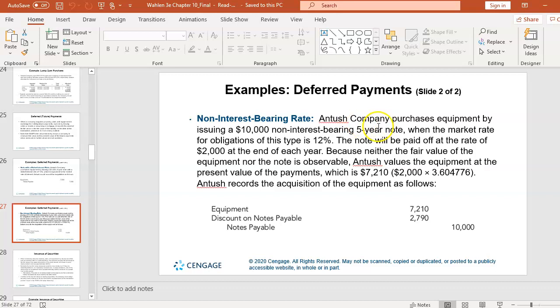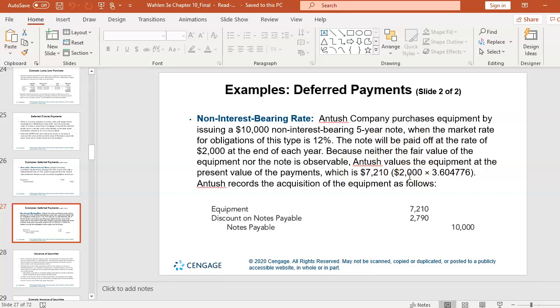Okay, so it says here for this example, Antush Company purchased equipment by issuing a $10,000 non-interest bearing 5-year note. The market rate for obligations like this is 12%. The note will be paid off at the rate of 2,000 at the end of each year. And so once a year for 5 years, they'll pay $2,000 off on this note.